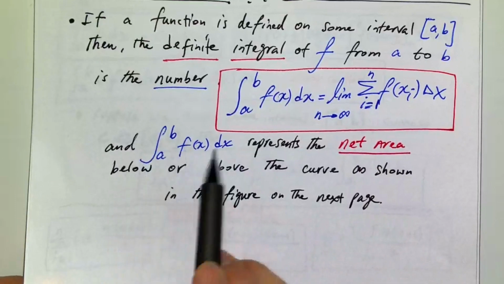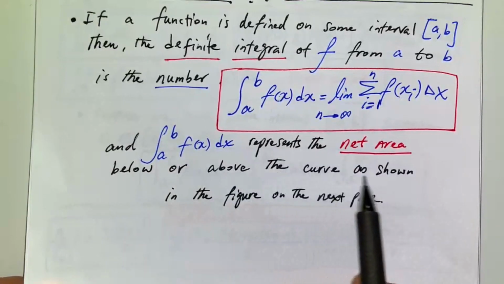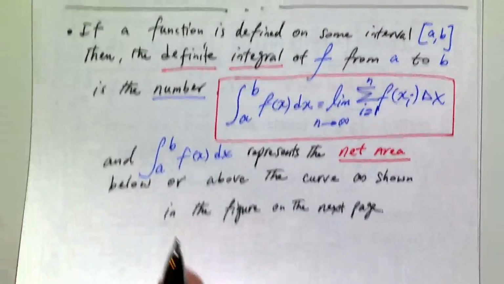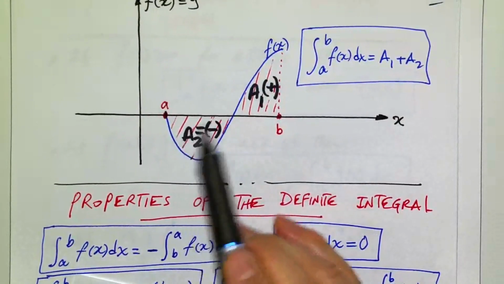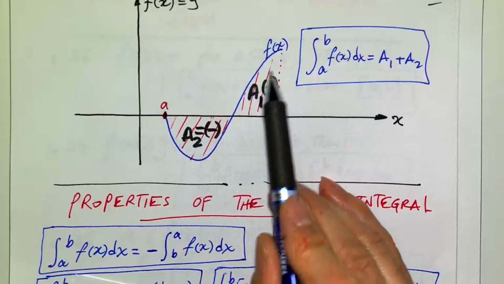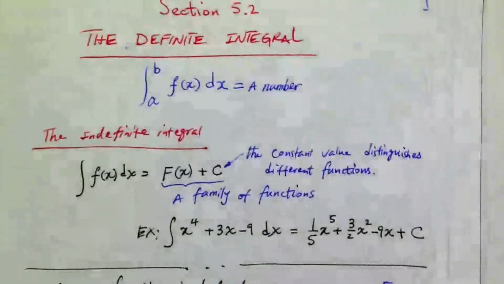And the definite integral represents the net area below or above the curve as shown in the figure on the next page, which was this, right? The minus area segment plus the positive area segment is equal to the definite integral. So let's use an example that makes use of that graphical representation of what a definite integral is. This would be page 9.